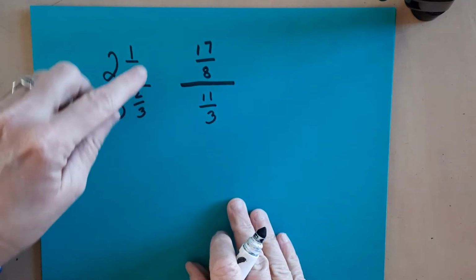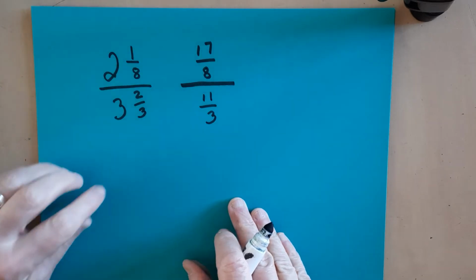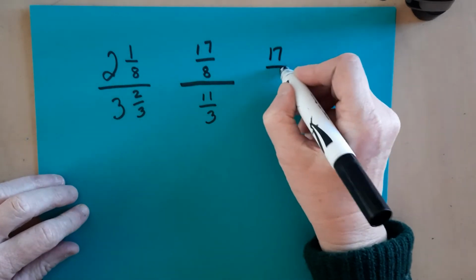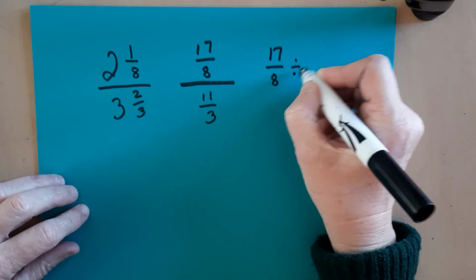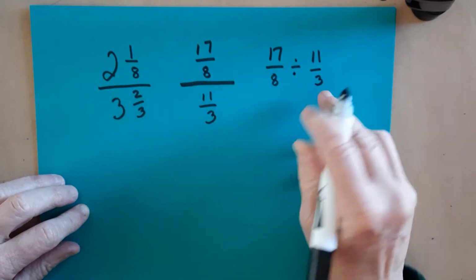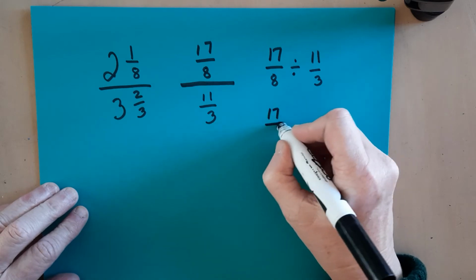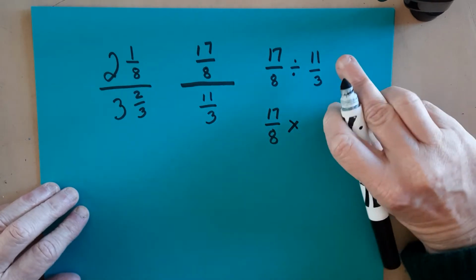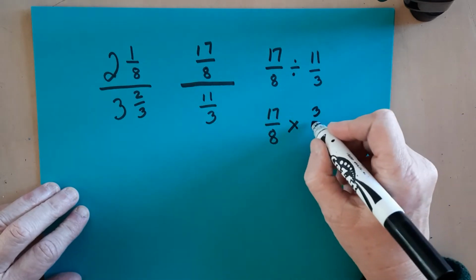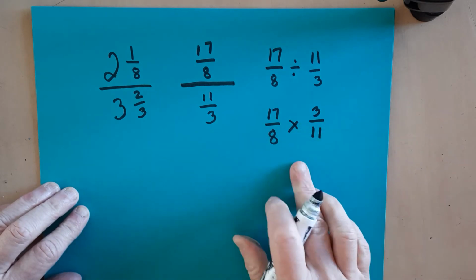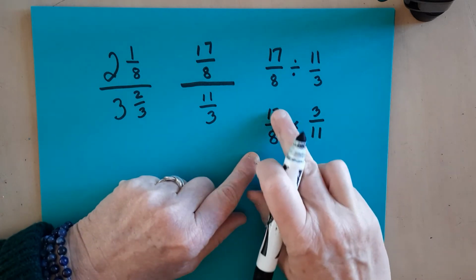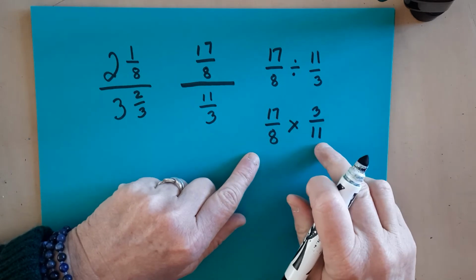Now we have 17/8 divided by 11/3. Remember, when you divide by a fraction, it's the same as multiplying by its reciprocal. So we switch the numerator and the denominator around. So now we have 17/8 times 3/11.